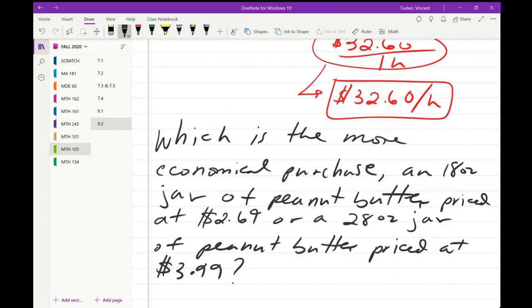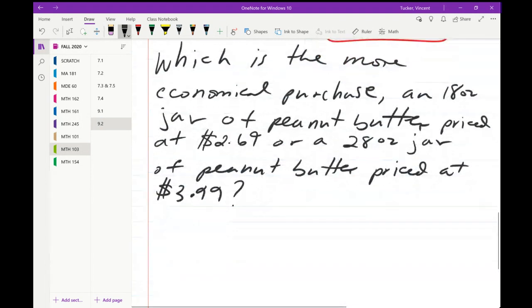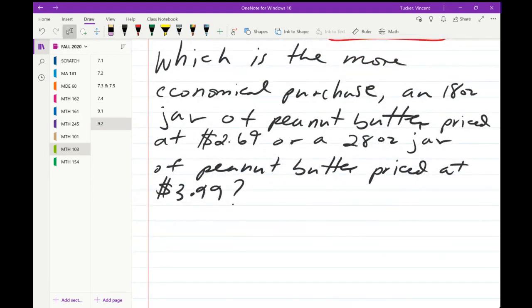All right. So which is the more economical purchase? An 18-ounce jar of peanut butter priced at $2.69, or a 20-ounce jar of peanut butter priced at $3.99. All right.